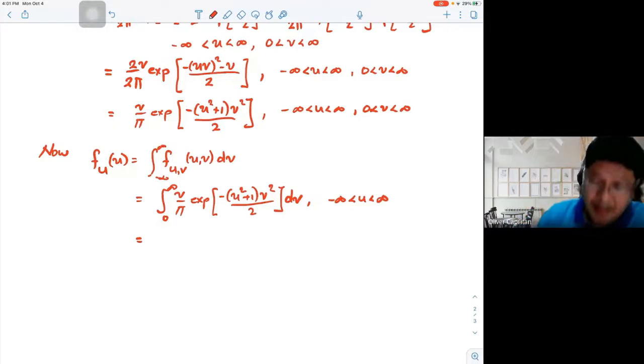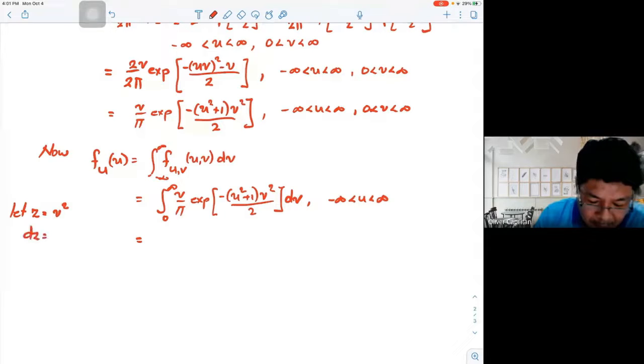Okay, let's apply change of variable. Say we let z be equal to v square. So dz will be equal to 2v dv.